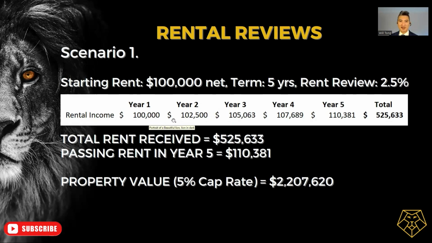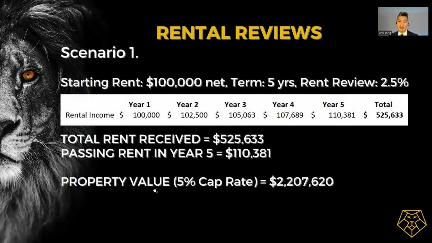Okay, so year one's $100,000, year two is $102,500, et cetera, et cetera. So over the 5-year lease term, you will have collected a total of $525,633. And the passing rent in year 5 will be $110,381. Okay, pretty straightforward.